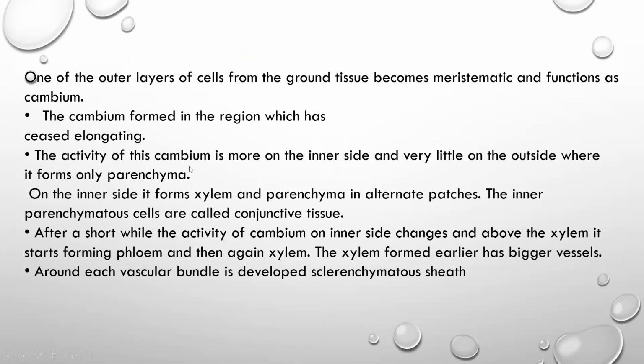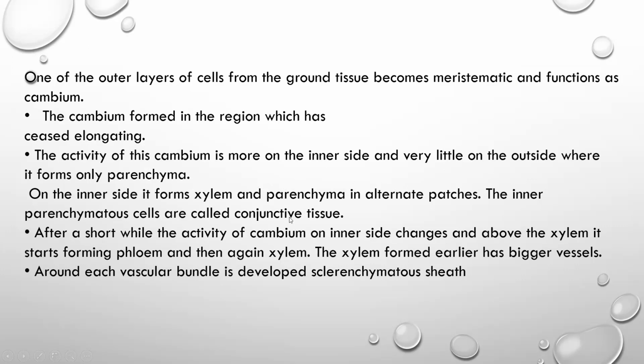The activity of this cambium is more on the inner side and very little on the outer side, where it forms only parenchyma. On the inner side, it forms xylem and parenchyma.